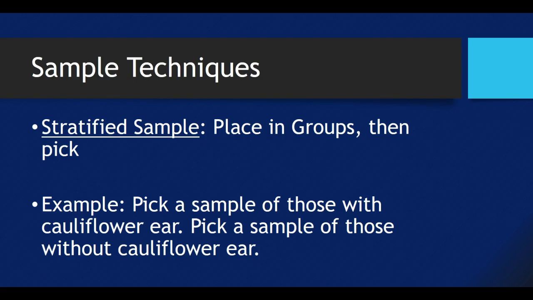So for instance, if I wanted to do a study, and the study was to look at what groceries people with cauliflower ear were buying and what groceries people without cauliflower ear are buying, then what I would have to do is I would have to stratify people with cauliflower ear in one group and people without cauliflower ear in the other group. And I'd have to take a sample from each group, all right?